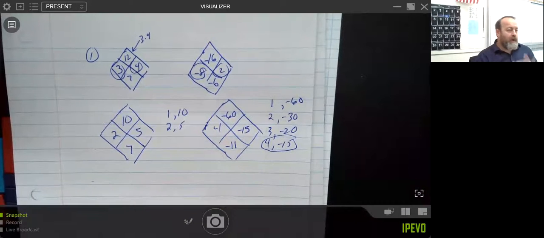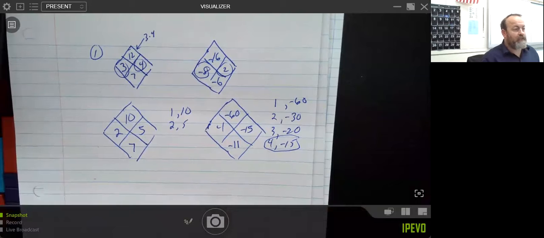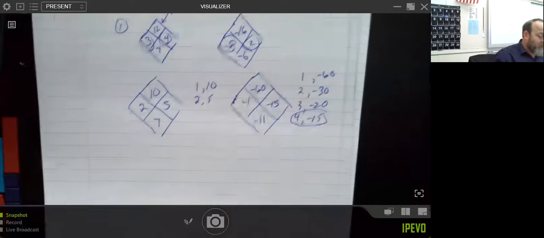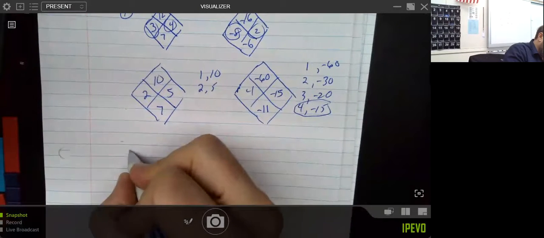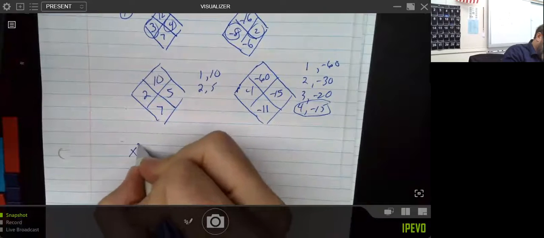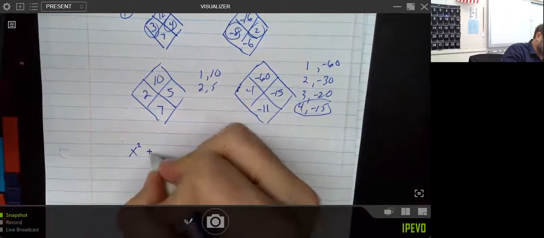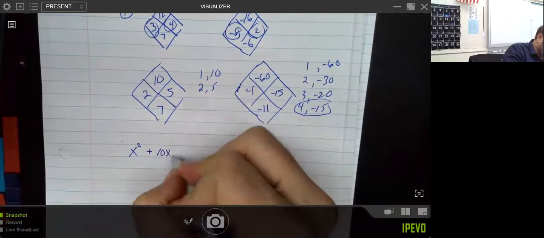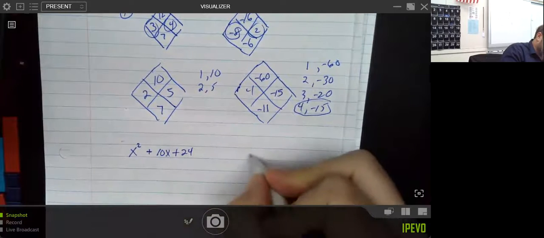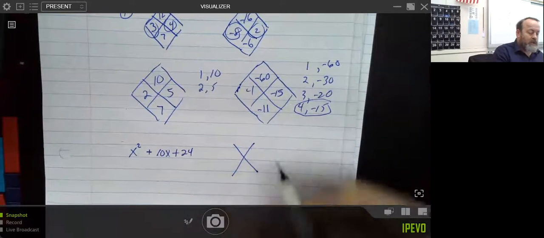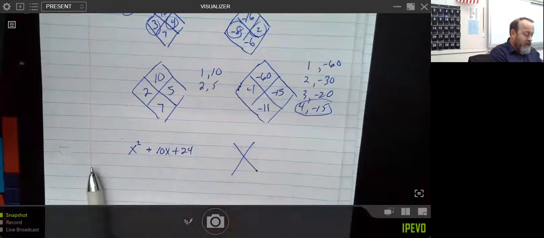So where that becomes helpful is that when we get onto the next piece of factoring, if you can do diamond problems, we can do kind of what we just did with those algebra tiles in a much easier way. So I'll kind of try to show you what I mean by that. So if we had x squared, let's say plus 10x plus 24. Here's how we do diamond problems. And I usually just draw the x that you see right here.